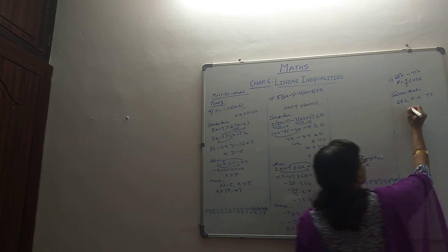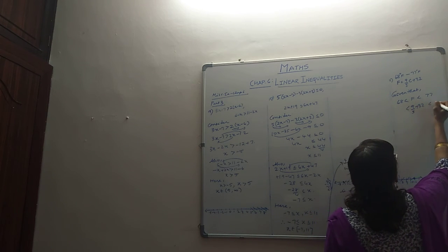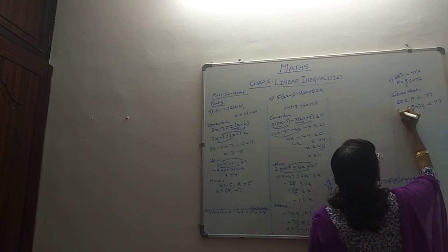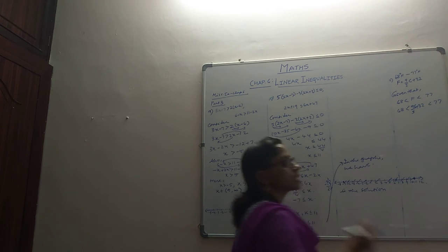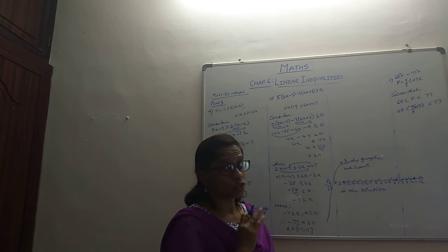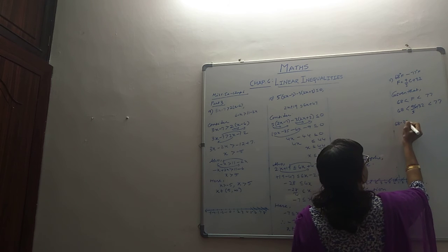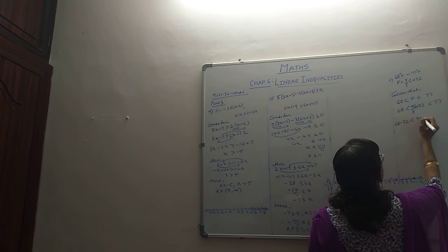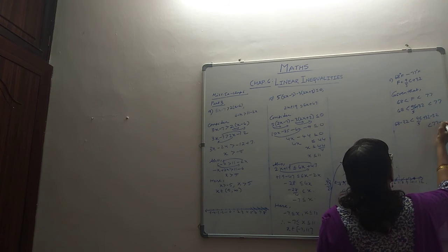So there is no harm if we replace it with 9 by 5 C plus 32 between 68 and 77, and we are more interested in getting the C. So in order to get the C, the other terms have to get eliminated. So first 32 has to go, subtracting throughout by 32. So 68 minus 32, 9 by 5 C plus 32 minus 32, 77 minus 32.